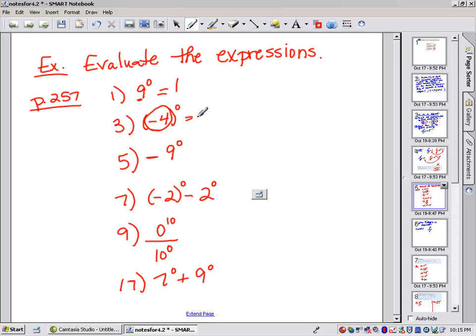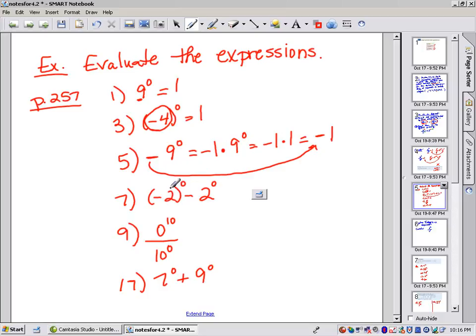It is still 1. Now number 5 is a little bit different. This is the opposite of 9 to the 0, so you can really treat this as negative 1 times 9 to the 0. So this would really be the opposite of 1, which is just negative 1. If the negative sign is not in parentheses with the number, it has to stay in the answer.